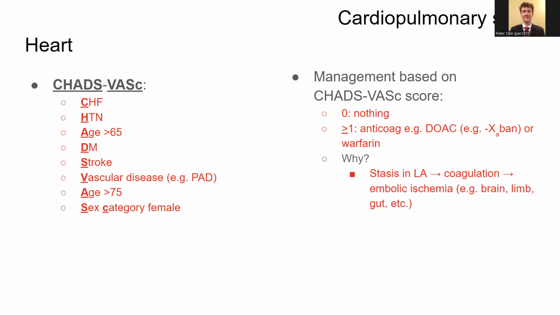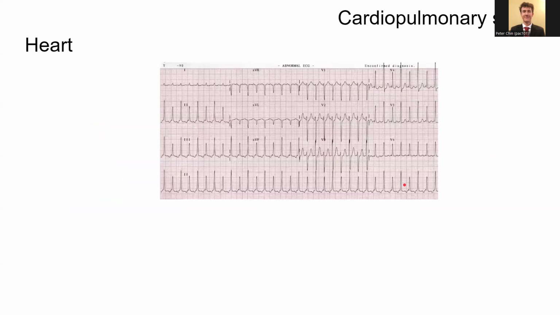So someone that has AFib is meeting criteria for Virchow's triad. And so stasis in the left atrium can coagulate, and then they risk throwing that clot into the brain or the limbs or the gut or something like that. And obviously, you don't want that to happen.